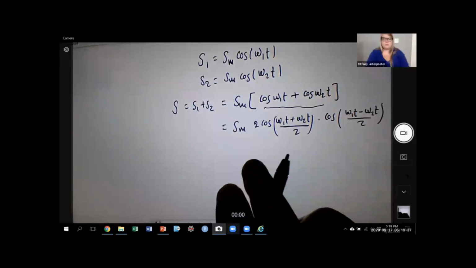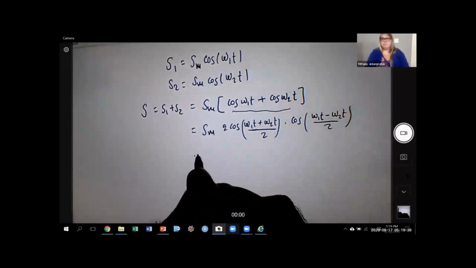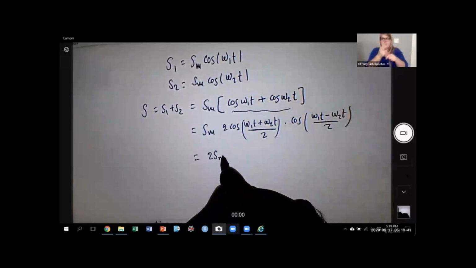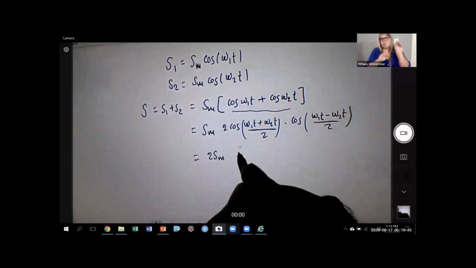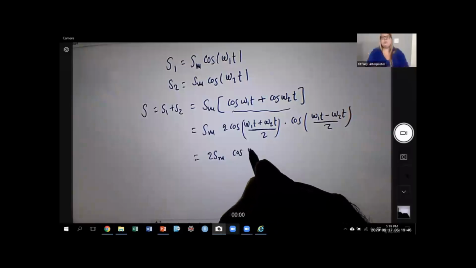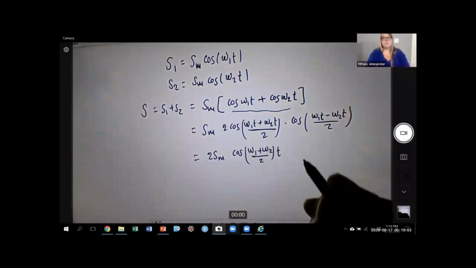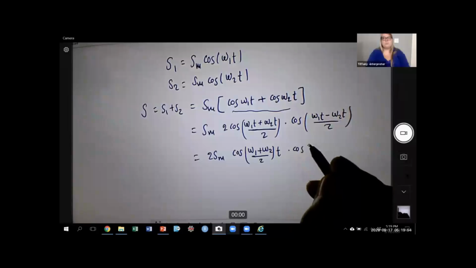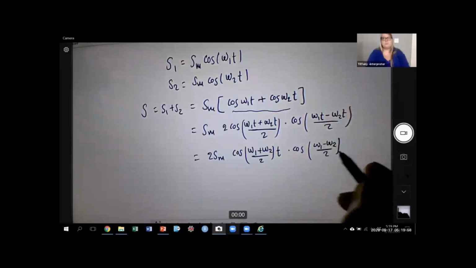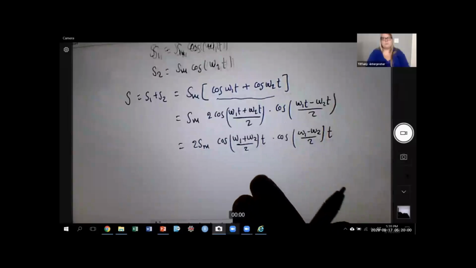That's what you get from the trigonometric relation. So you have 2 times S_M, 2 times the amplitude, and then you have cos (omega 1 plus omega 2)/2, that's the common factor, right? Times cos (omega 1 minus omega 2)/2 times t.